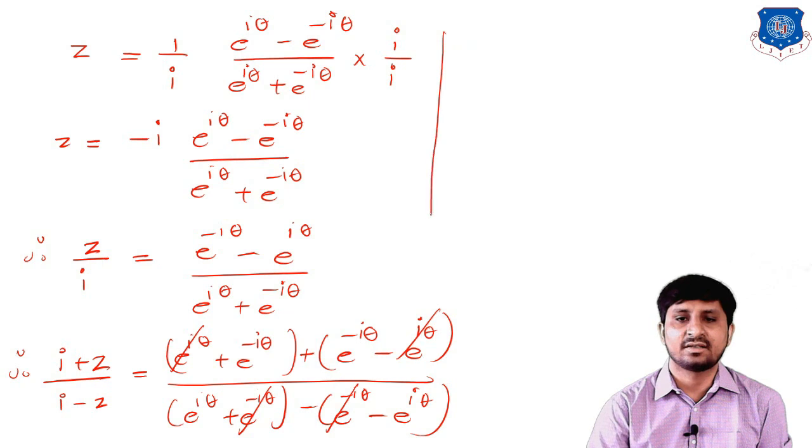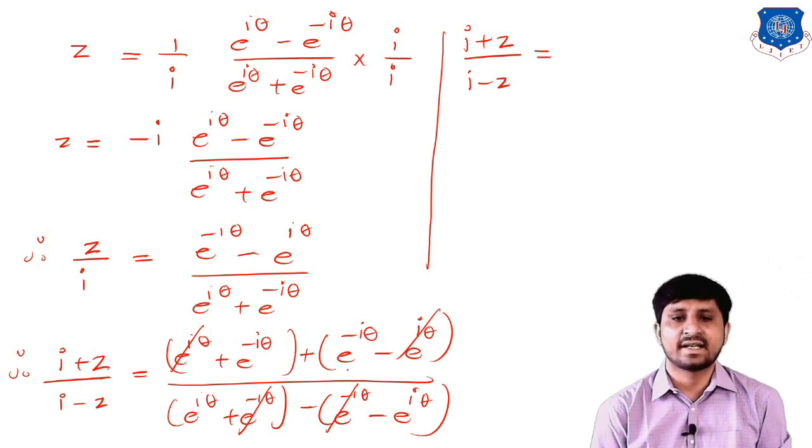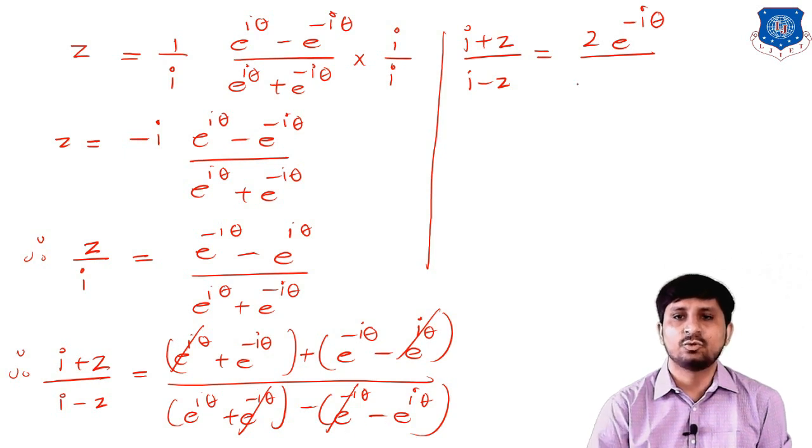So I write here: i plus z upon i minus z can be written as e raised to minus i theta plus e raised to minus i theta, that is 2 e raised to minus i theta, and in the denominator, minus minus plus, so 2 e raised to i theta. This 2 will be cancelled out.